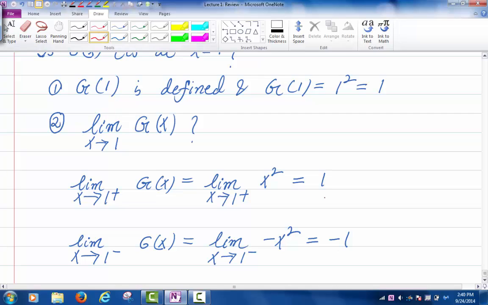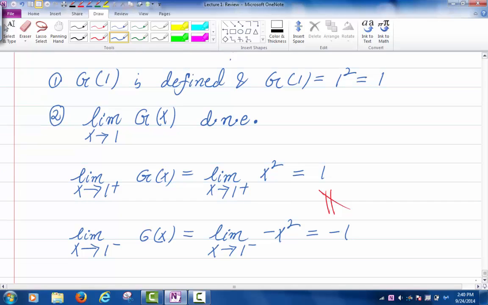And unfortunately, they are different. So what does it tell me about this guy? This guy does not exist, right? The two-sided limit at 1 doesn't exist, right? The limit at 1 doesn't exist, let alone be equal to the value of the function at 1, right? Is that making sense?